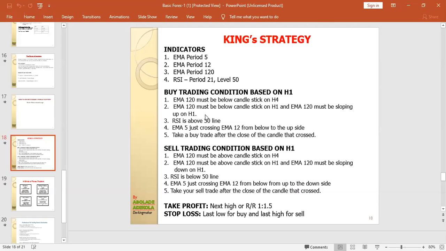The signal will be sent to you immediately the cross happens, so you don't miss a good trading opportunity. For every cross that happens, the system will send the signal to you. So it is now left for you to decide if you want to take the trade or not. This way, you won't miss a good trading opportunity.